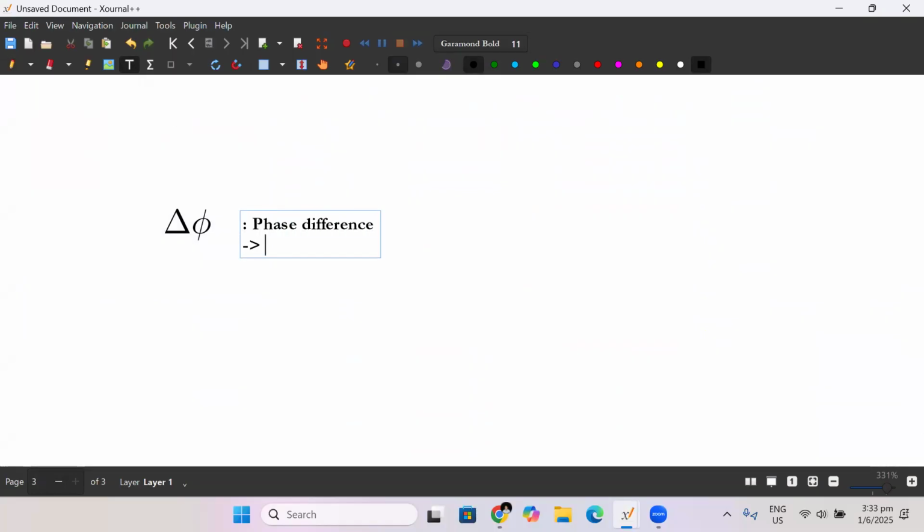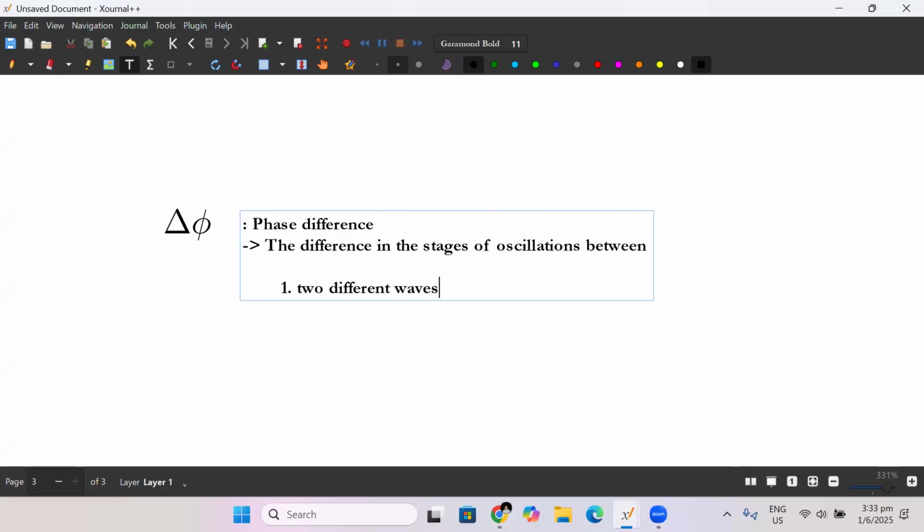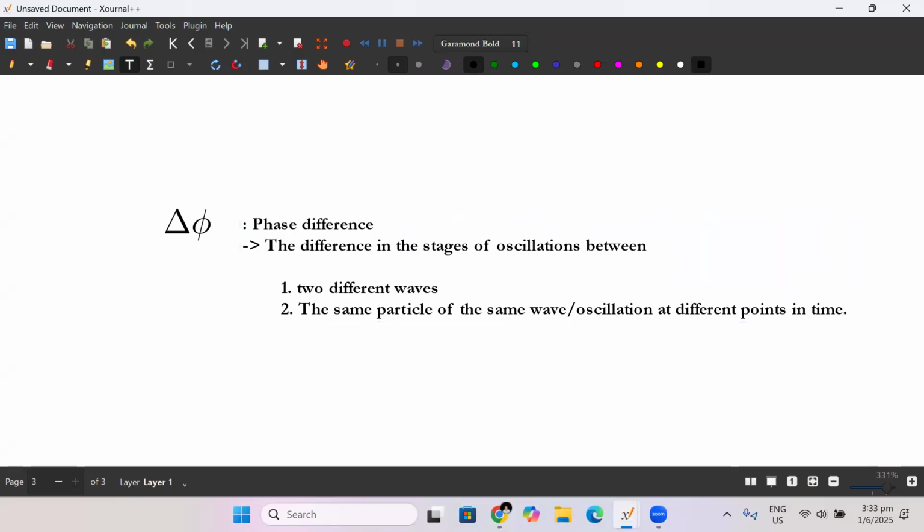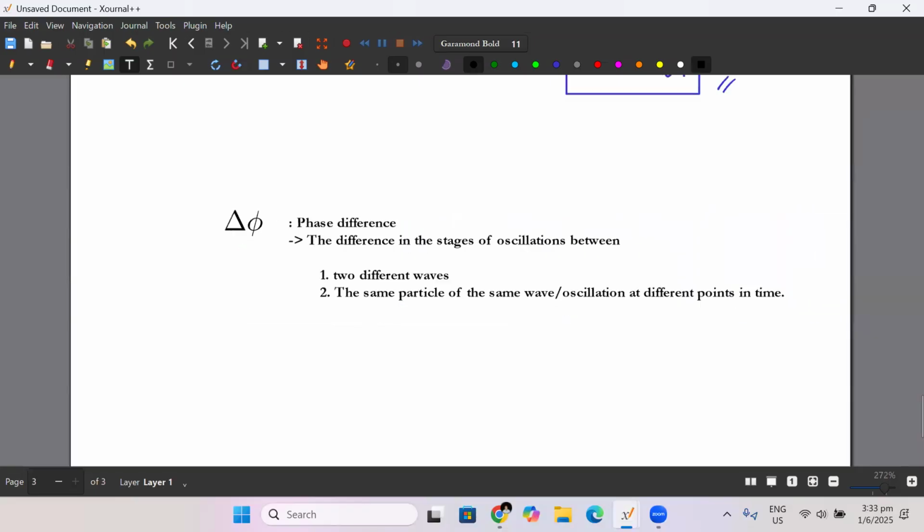Phase difference is the difference in the stages of oscillation between either two different waves, or the same particle of the same wave or oscillation at different points in time. So that's what phase difference is about.